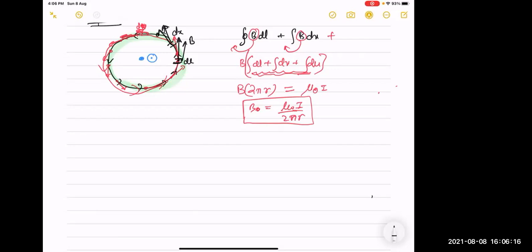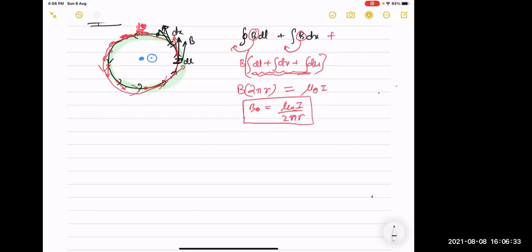I didn't get the second part, when they're finding out the current. Why are they dividing pi r square by pi a square?